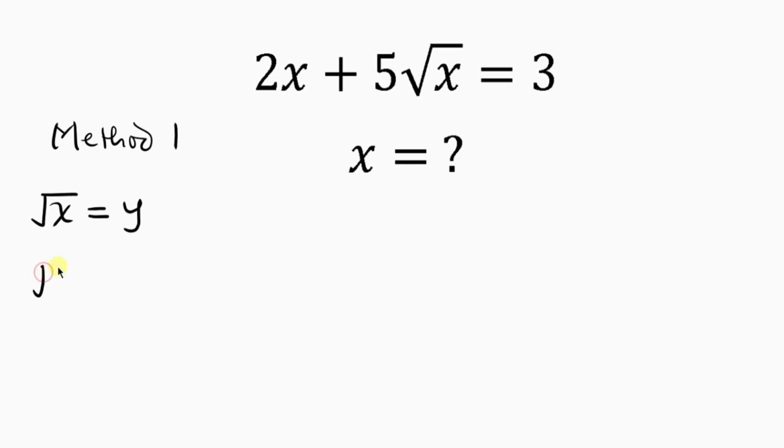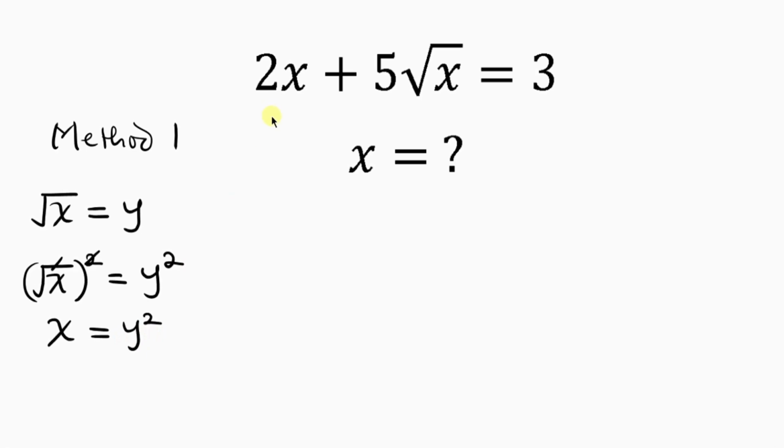I'll take the square of the left, and I'll also take the square of the right. Now notice that square cancels out square root, leaving behind x equal to y squared. So in substituting, whenever I see the square root of x, I'll be putting y, and whenever I see x, I'll put y squared.